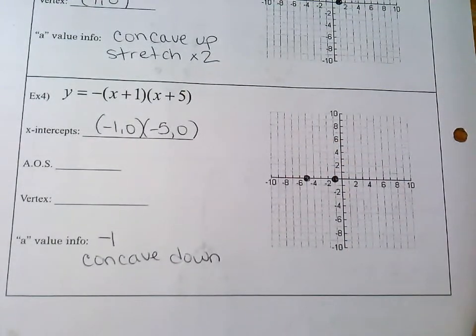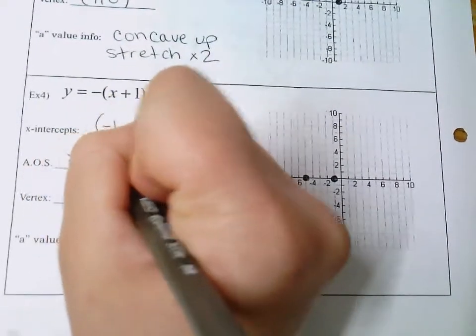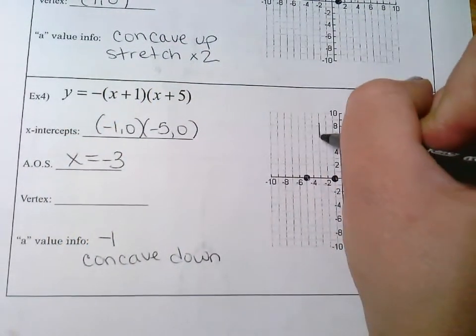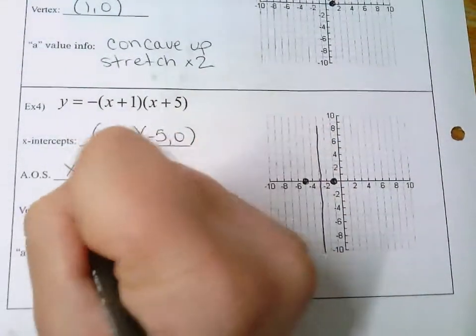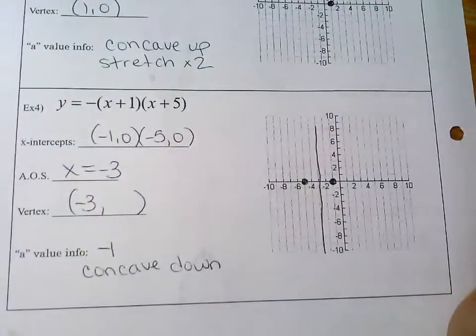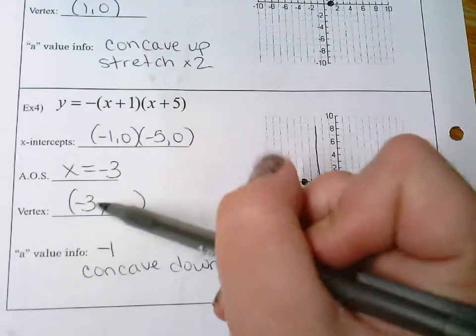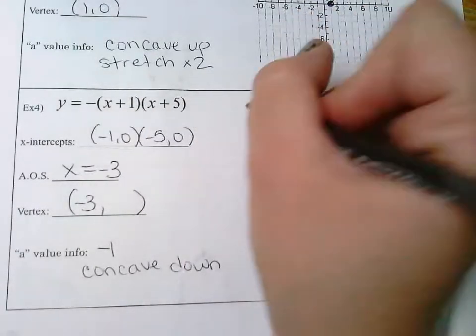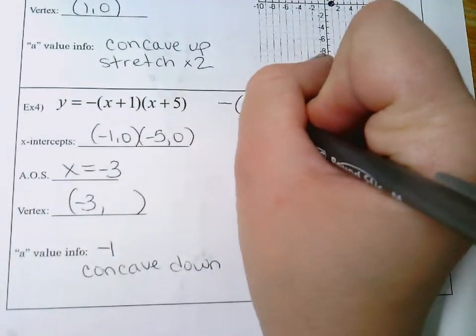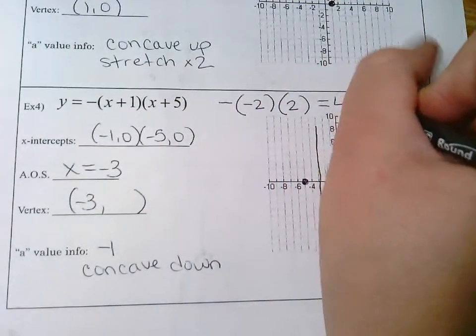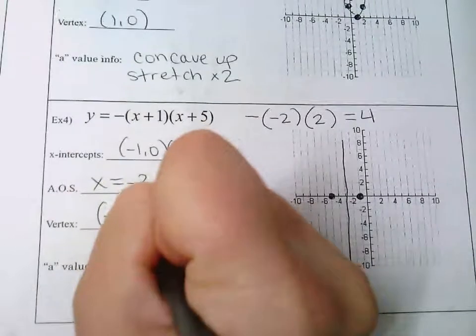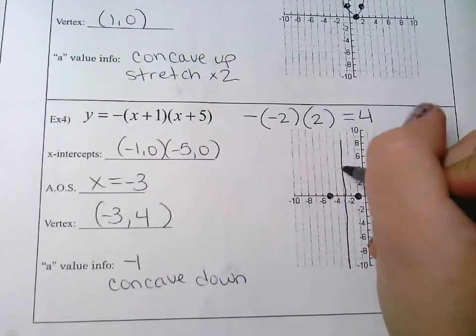So that puts my axis of symmetry at -3. So here's -3. So my vertex is at -3, comma something. So I'm going to plug -3 into this original function, -2 times 2. Looks like +4 to me. So I'm going to graph -3, comma +4.